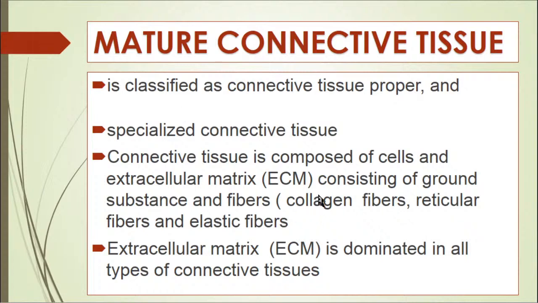But if we talk about differentiation of cells and their products, we have to see an increase of oxyphilic or acidophilic component in connective tissue areas. This is the extracellular matrix, consisting of ground substance and fibers: collagen fibers, reticular fibers, and elastic fibers. Extracellular matrix predominates in all types of connective tissue.